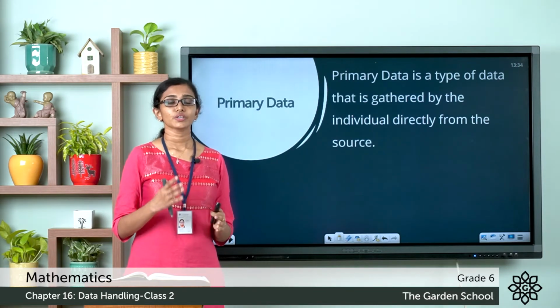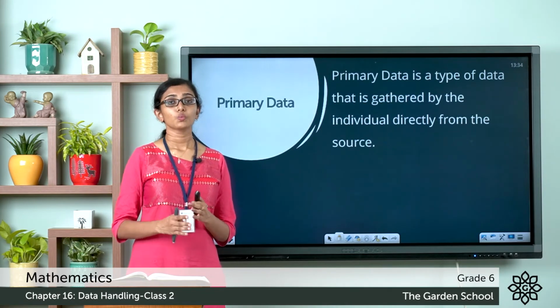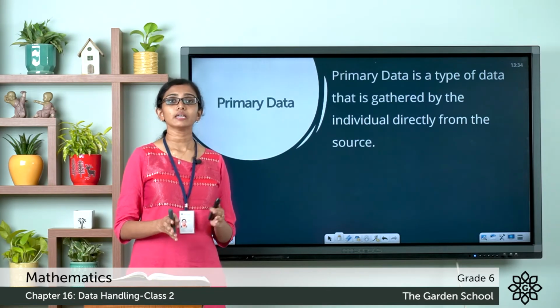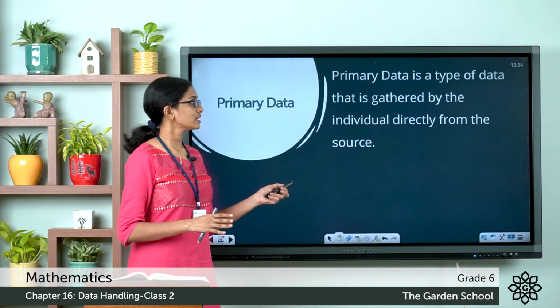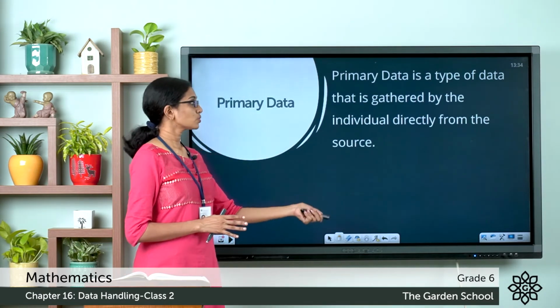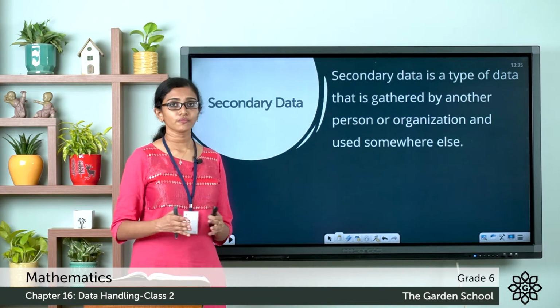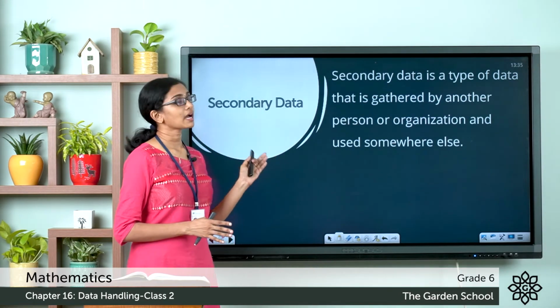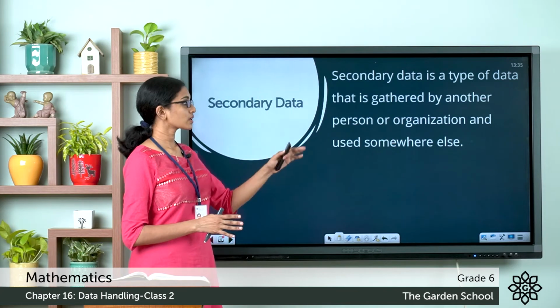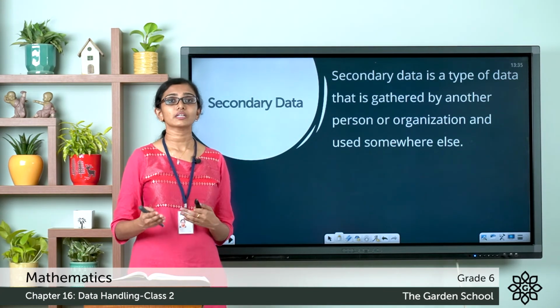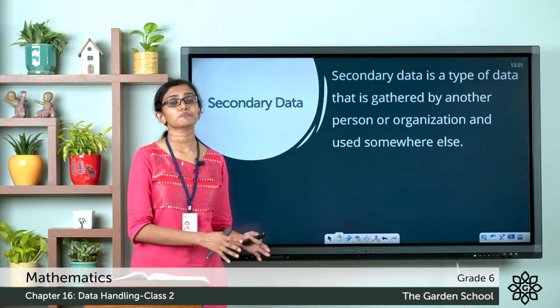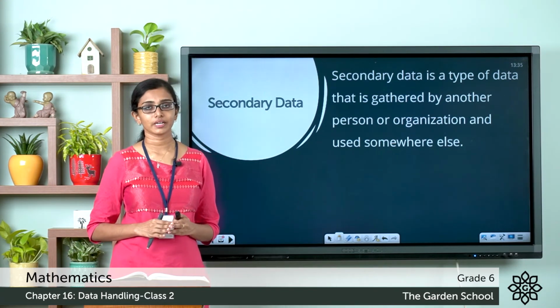Here you are actually collecting data which were already collected by some other individual or organization. That is called the secondary data. Secondary data is a type of data that is gathered by another person or organization and used somewhere else. I hope now you understand the difference between primary data and secondary data.